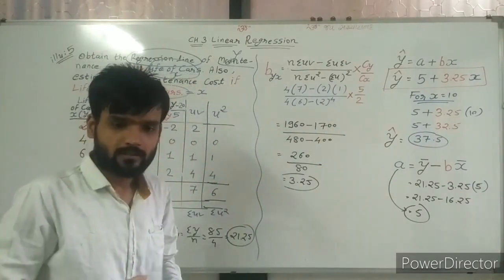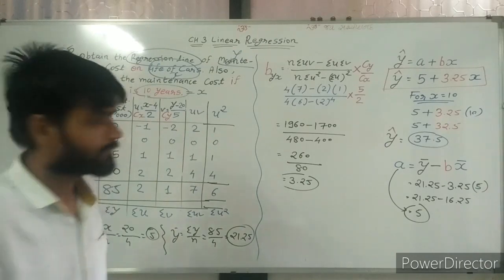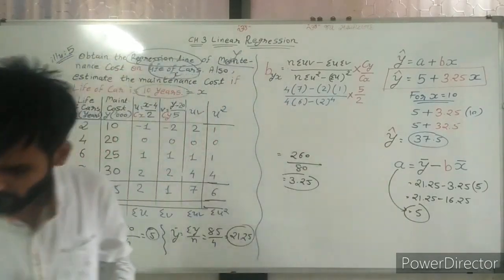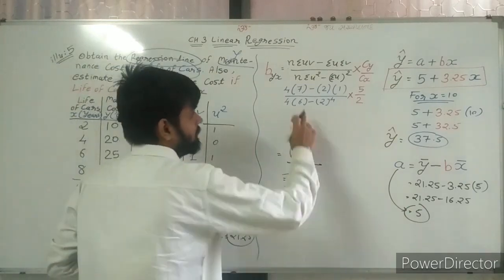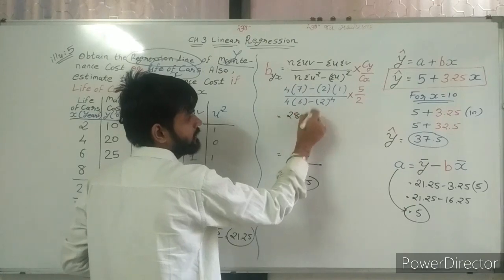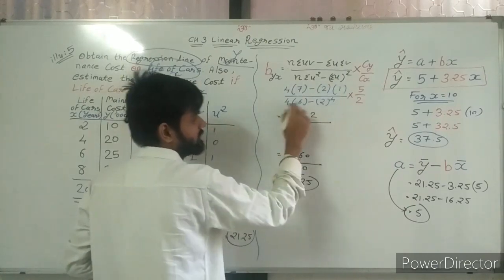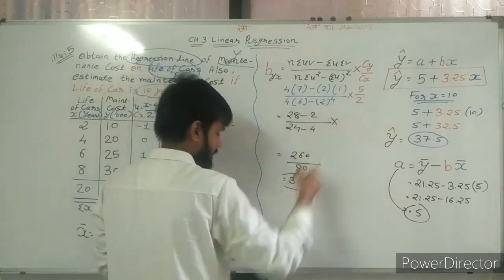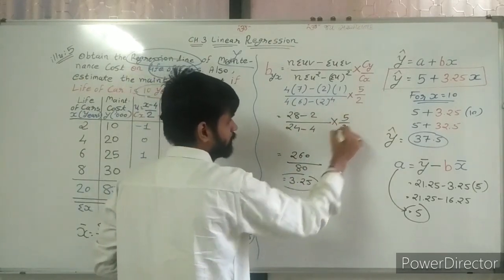Now we are calculating ahead. 4 7s are 28, 2 1s are 2, 6 4s are 24, 2 square is 4, into 5 divided by 2.